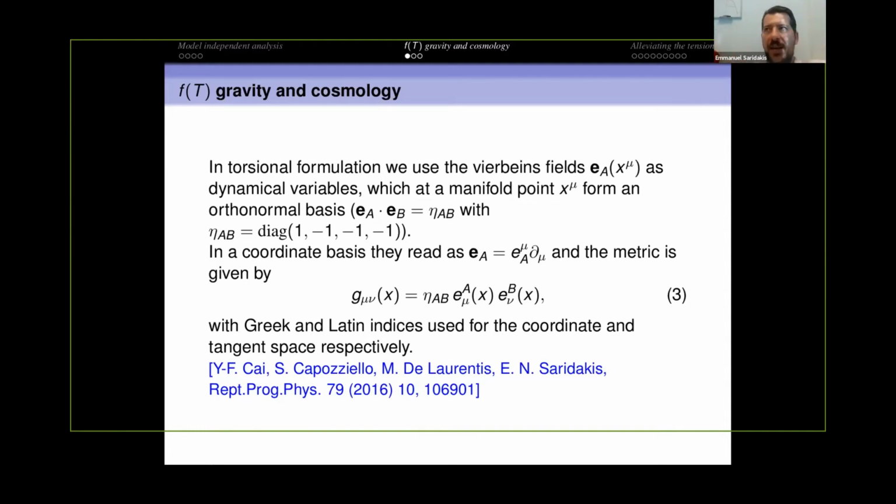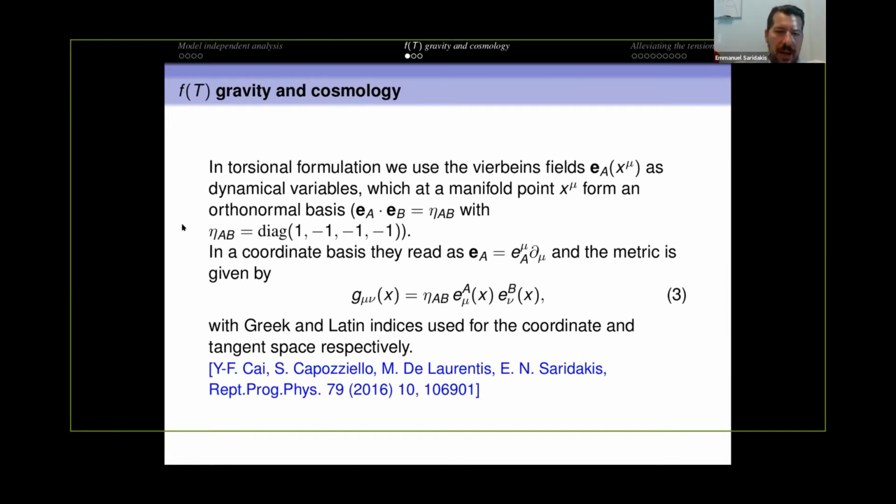So although in general relativity, gravity is geometry and geometry is curvature, so gravity is curvature, in torsional theories of gravity it is still geometry, but geometry is torsion, so gravity is torsion.